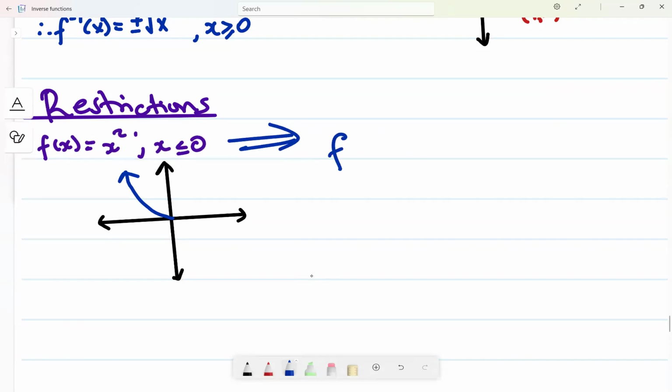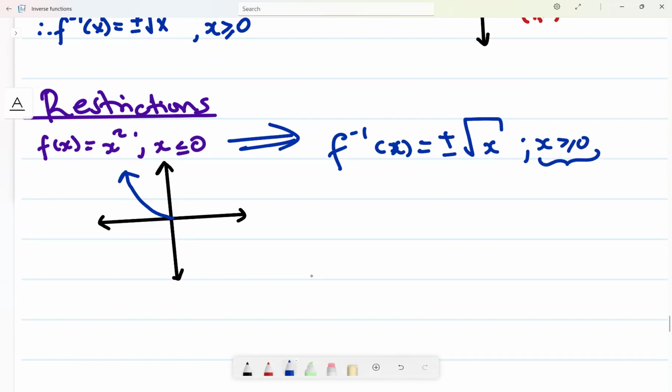The inverse was plus or minus square root of x. Remember the domain here was x greater than or equal to 0. This is just the domain.